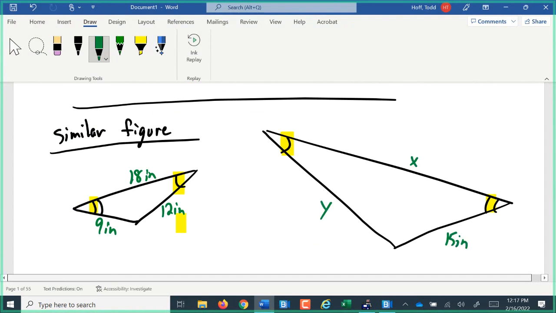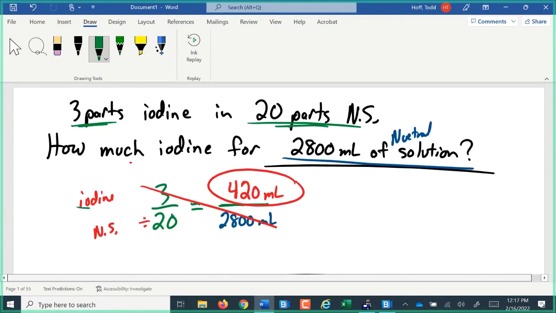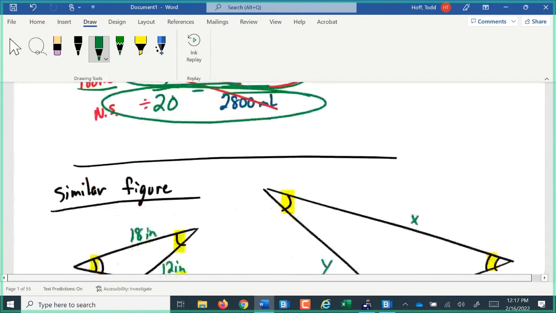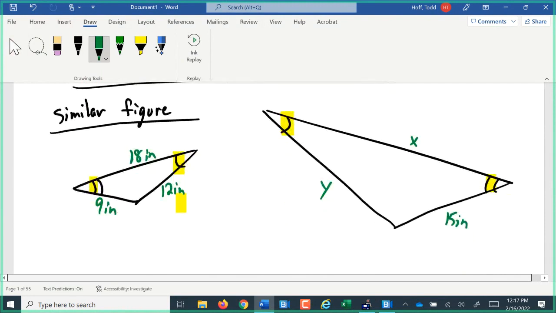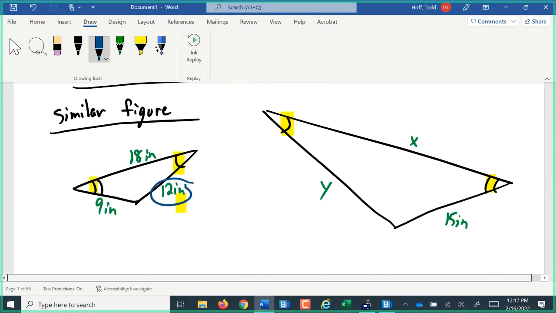What I need to do is link up the corresponding sides. Just like up here, I had to have iodine to iodine and saline to saline. Down here, I have to link up corresponding side to corresponding side. Well, the 12 inches over here is between the angle marked with a single arc and the one that's not marked. Over here, single arc and not marked.